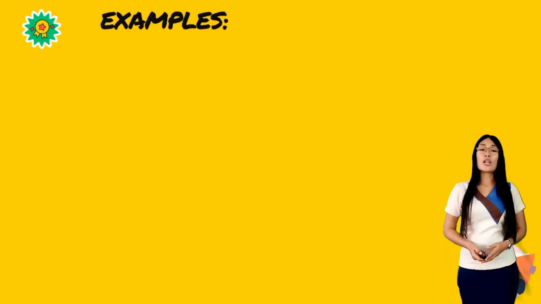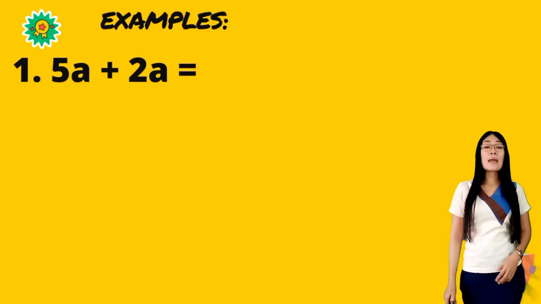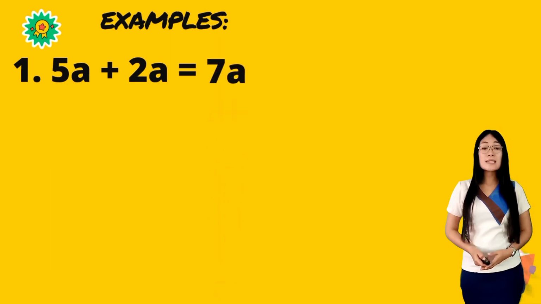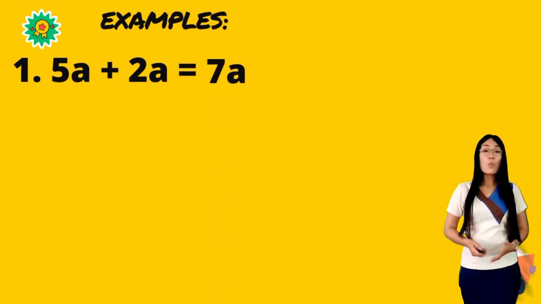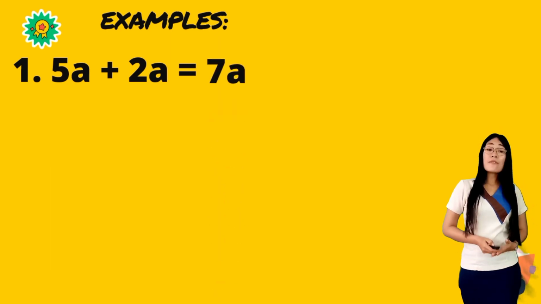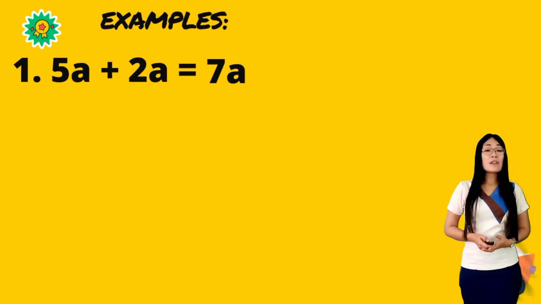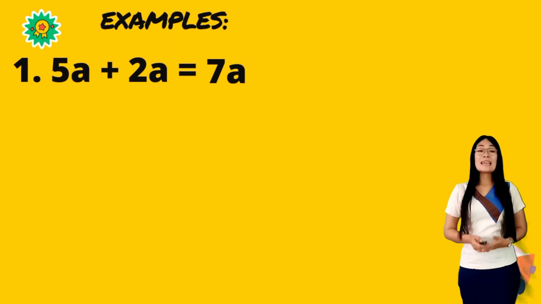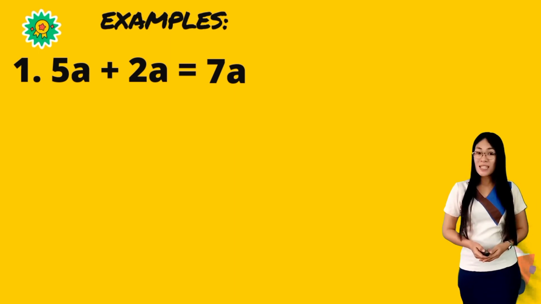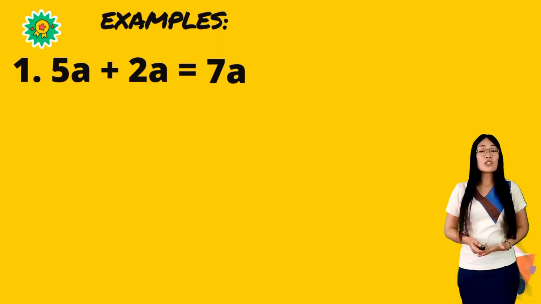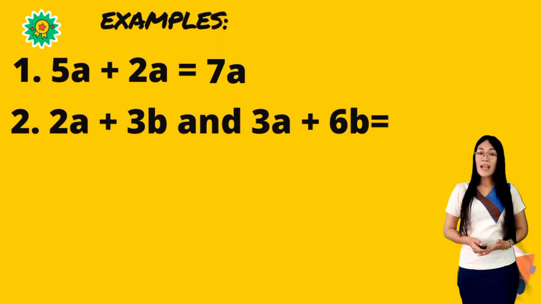For example, 5a plus 2a is 7a. Why? Because 5a and 2a are similar terms, so we will just add 5 plus 2 and copy the common literal coefficient, which is a. That is why the answer is 7a.